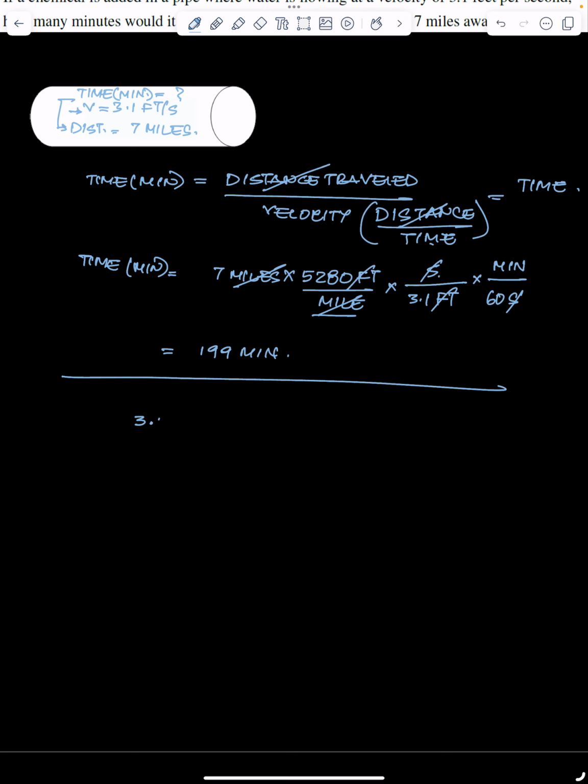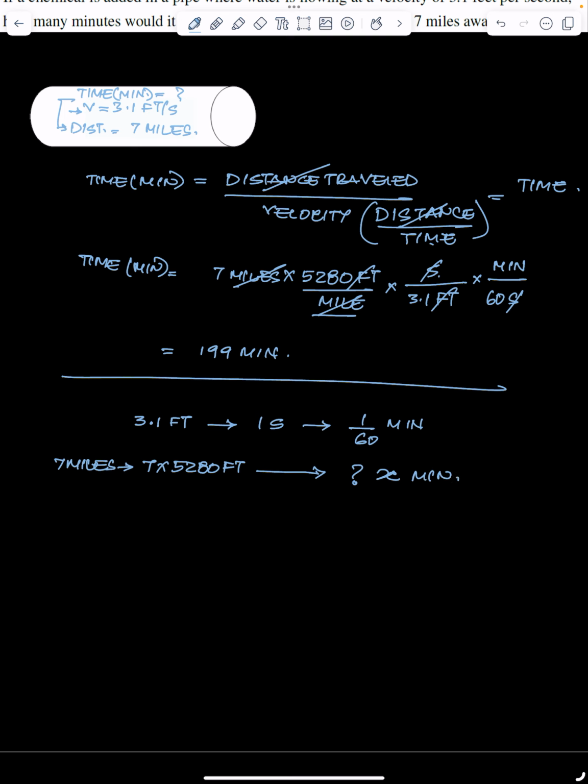Another alternative way to solve this particular problem is that we know that the velocity of the water is 3.1 feet in 1 second, which is 1 divided by 60 minutes. So for 7 miles, which is 7 times 5,280 feet, how many, or x, minutes?